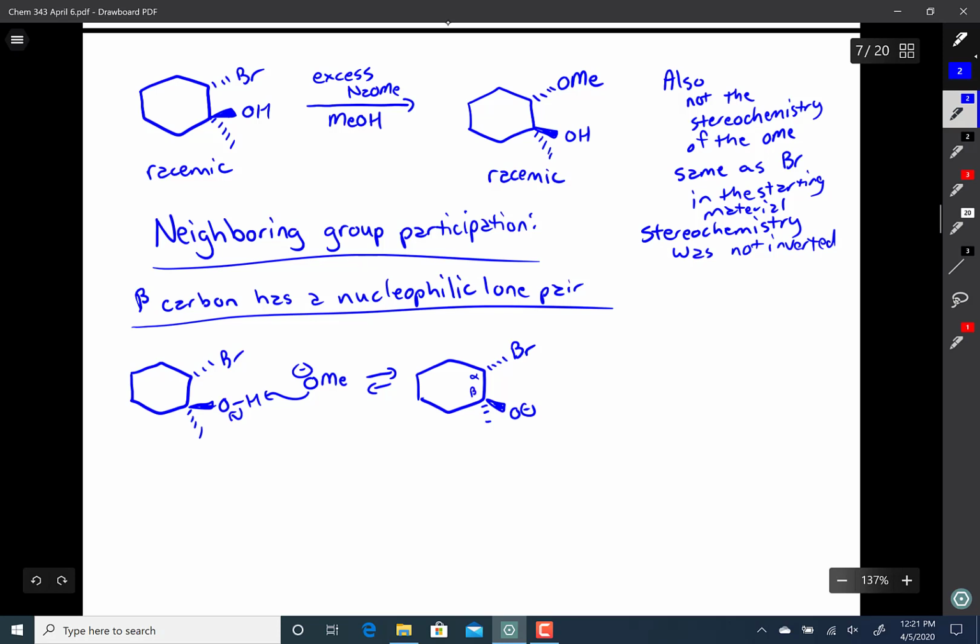If you look at this O-, it's perfectly in the right position to do an internal SN2 reaction. That gives the epoxide.